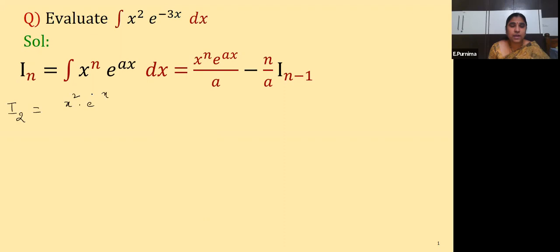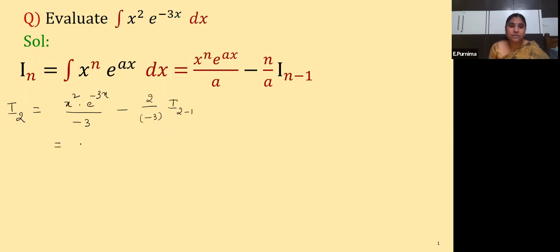So it is e to the power of minus 3x by a. What is a? Minus 3. Then minus n by a. What is n? 2. So 2 by minus 3 into I2 minus 1.